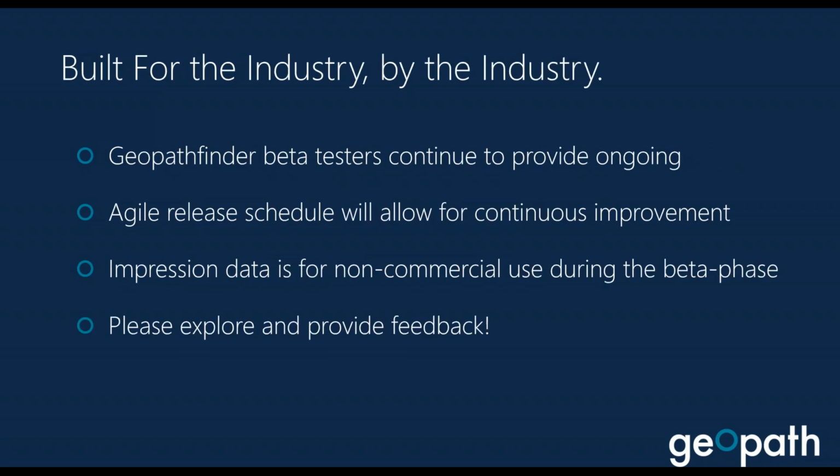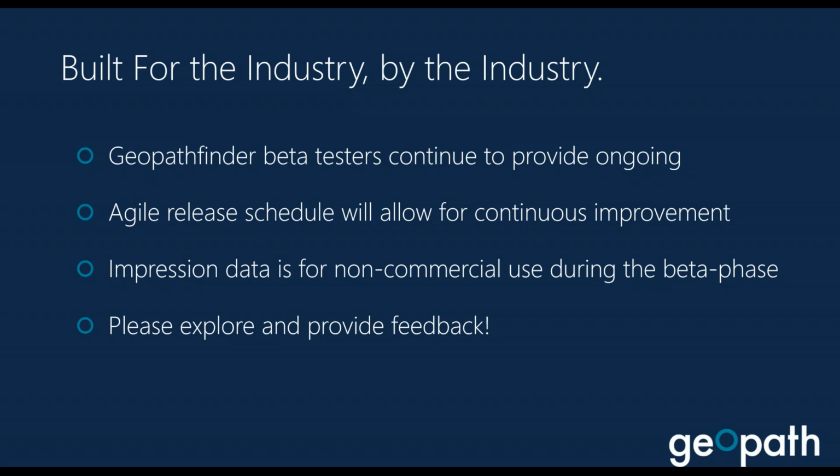If you've been on any of these, you've probably seen this slide before, but I do think it's worth telling everybody again that the way we've been developing this tool is through a constant feedback loop. We started off with this first bullet, our Geopath Finders, who were that first group looking at it and giving us feedback. But now, since it's expanded to the entire industry, we still want that feedback.